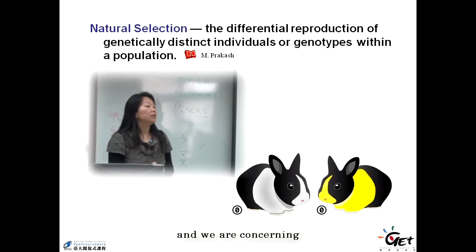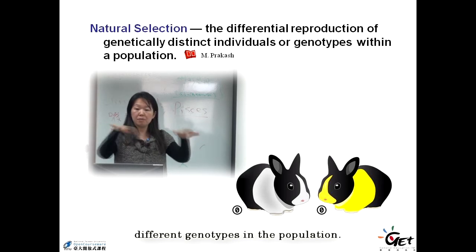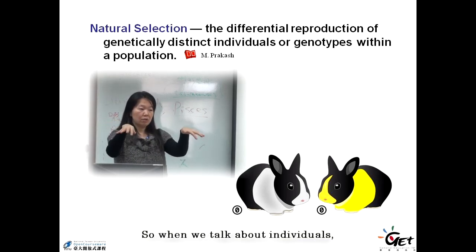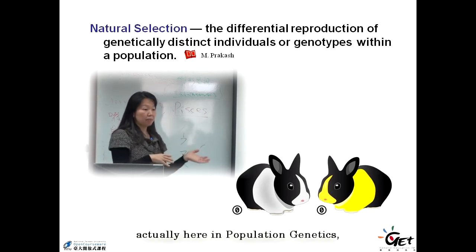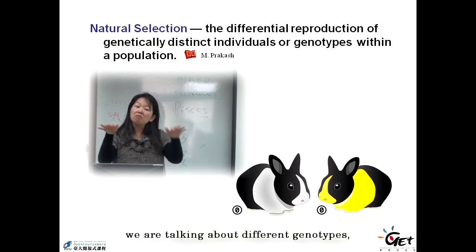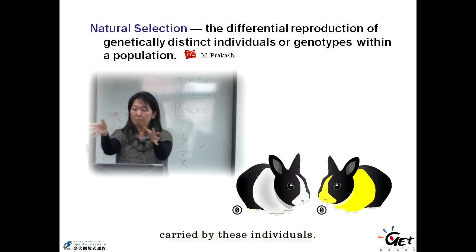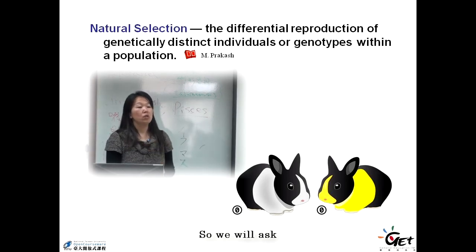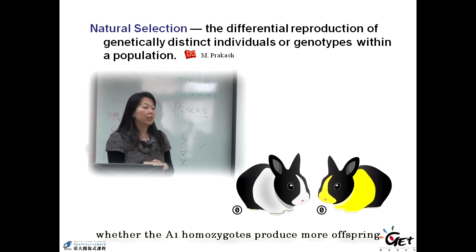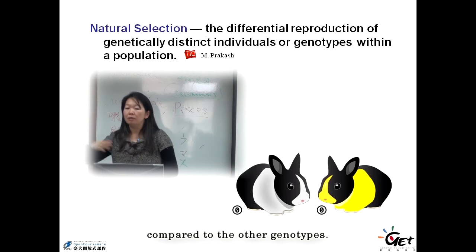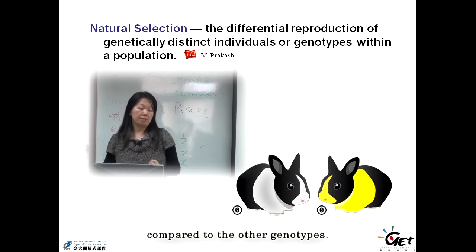So usually we are population-based, and we are concerned with different genotypes in the population. When we talk about individuals here in population genetics, we're talking about the different genotypes carried by these individuals. So we ask whether the A1 homozygous produce more offspring compared to the other genotypes.